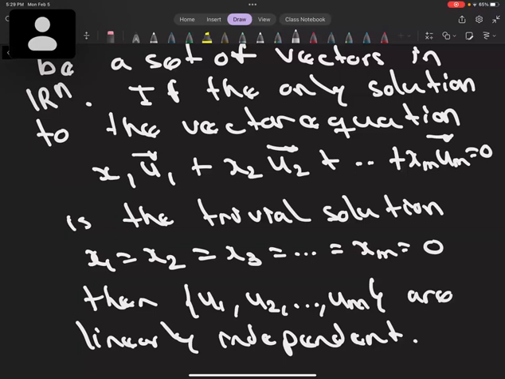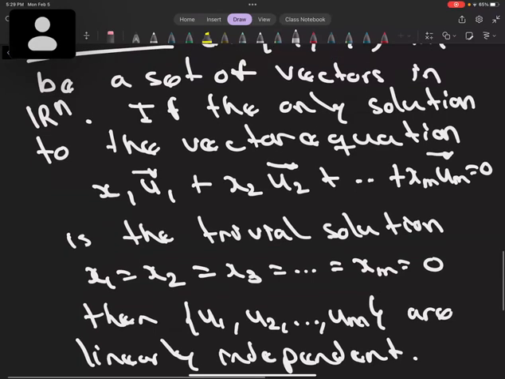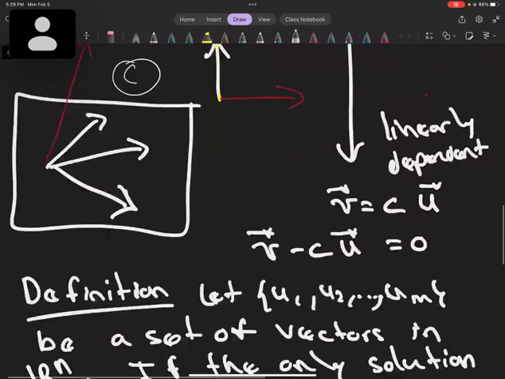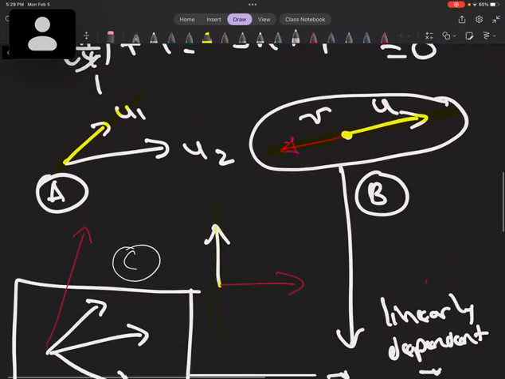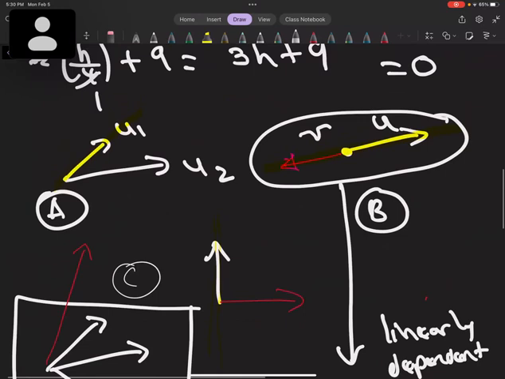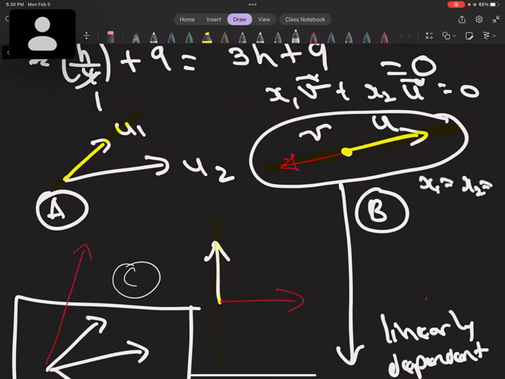So this is the same that I said over here, but for several dimensions. See, you have x1 b plus x2 u. If the only way that you can make this 0 is x1, x2 equals 0, they are linearly independent.